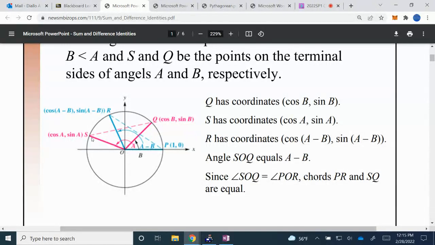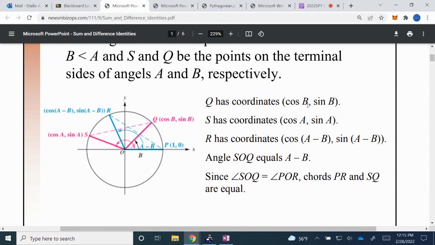And then we have what are called chords. A chord goes from one rim of the circle through the other. So we have R, S, Q, and P, and these are based on the terminal sides of our three angles. P is where the angles start.